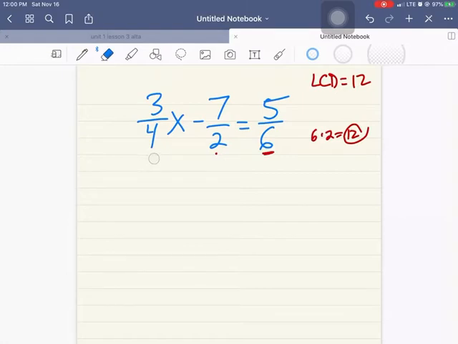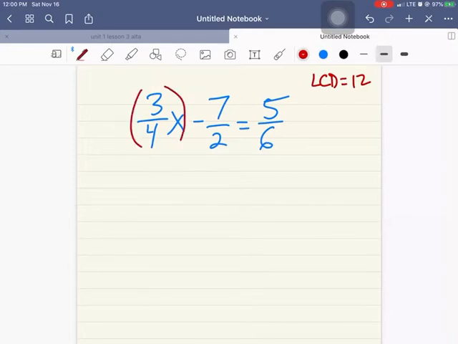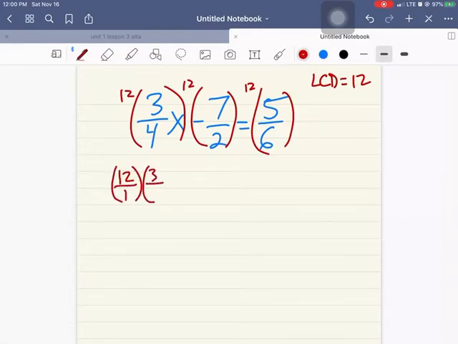If I use this least common denominator to clear my fractions, this is how we do it. Once I decide on the LCD, I multiply each term in the equation by that LCD. This is the way I write that out. If you think about it, this is really 12 over 1 times 3 over 4, and that's a variable term. It has an x.